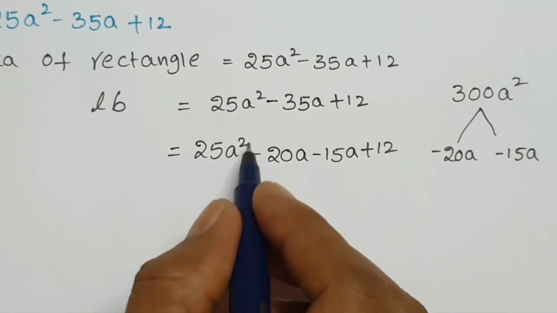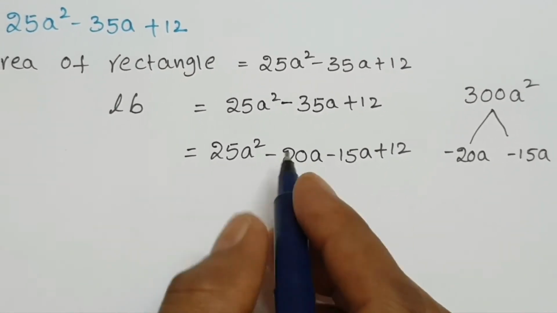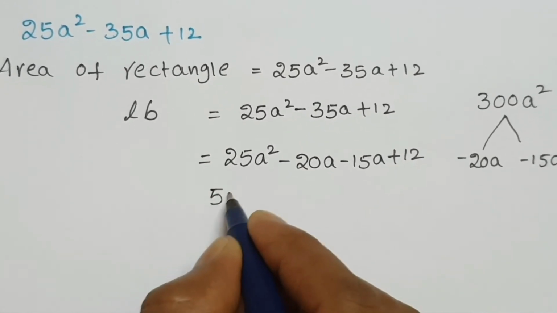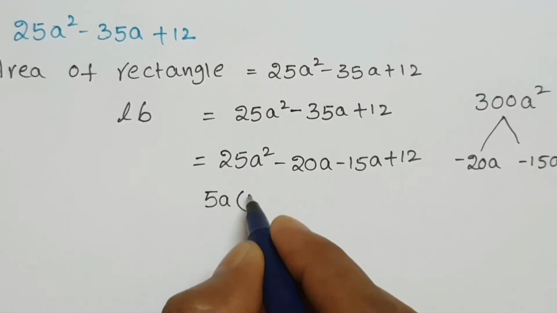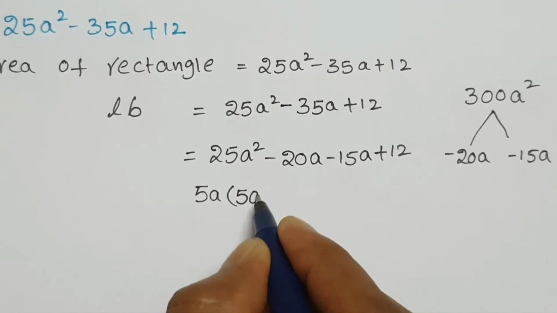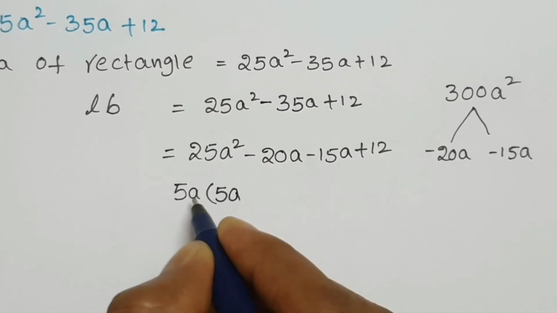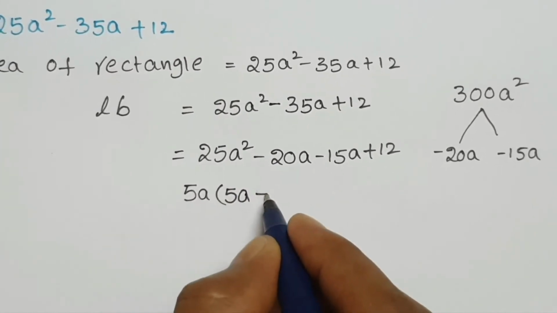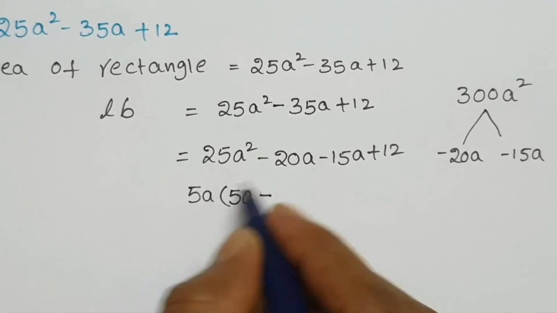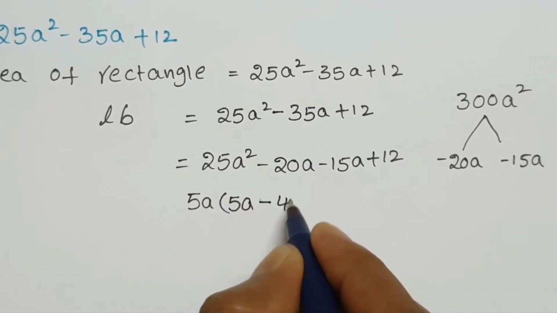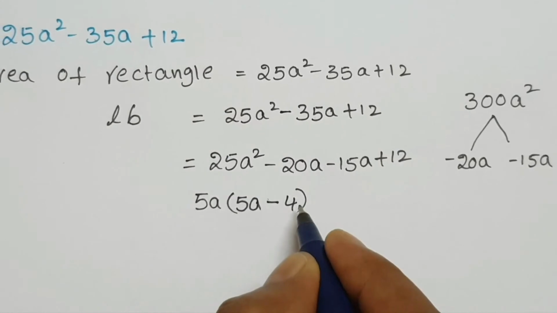Here 25a square is there, minus 20a is there, 5a is common. Take 5a common: 25a square divided by 5a gives 5a, and minus 20a divided by 5a gives minus 4, so 5a minus 4.